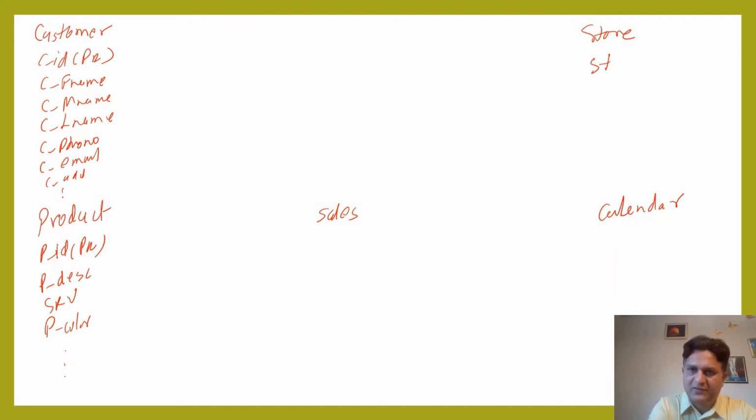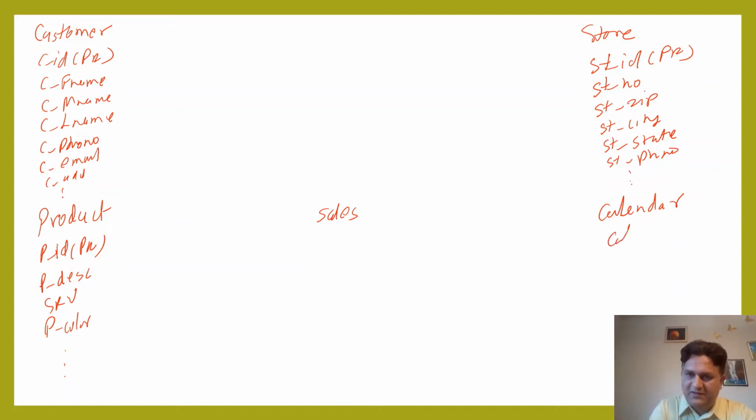We have store ID, this is the primary key. Store number, store zip code, store city, store state, store phone number. These are the store attributes.